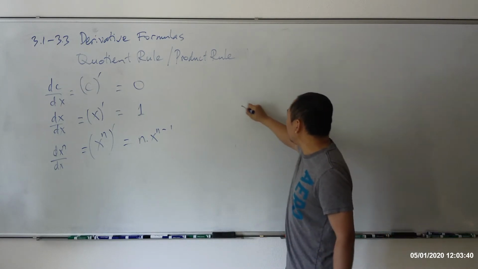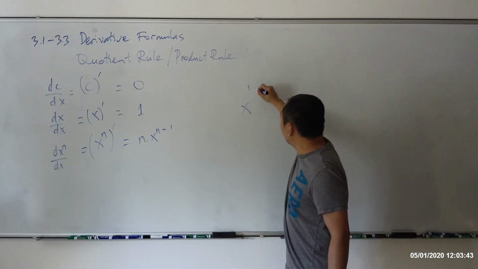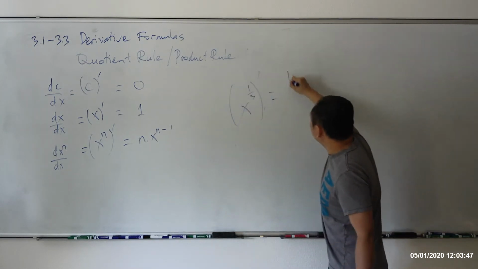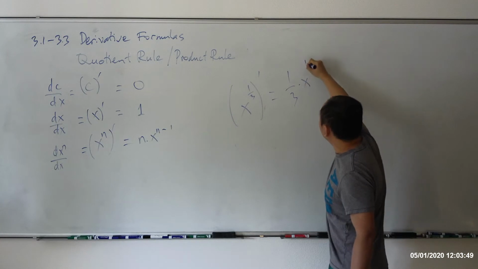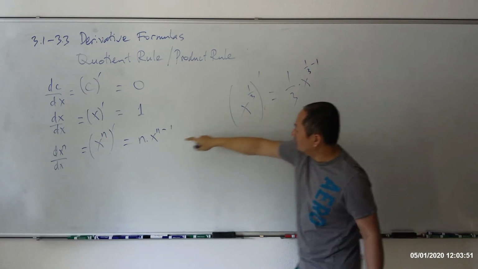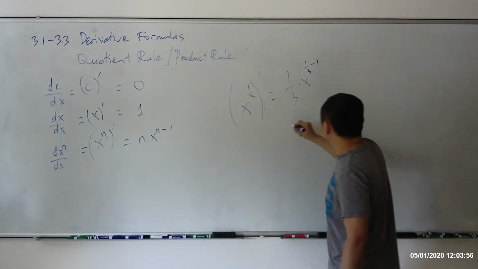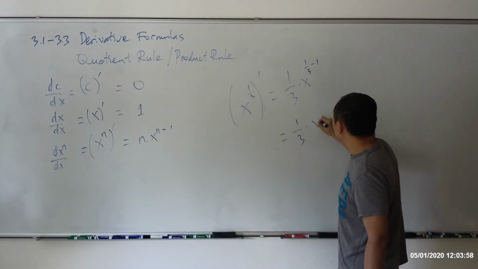So if I have x raised to the 1/3, the derivative is 1/3 times x to the 1/3 minus 1. You see, we bring the n down, so 1/3 here, and then x to the 1/3 minus 1. This is equal to 1/3 times x to the negative 2/3.